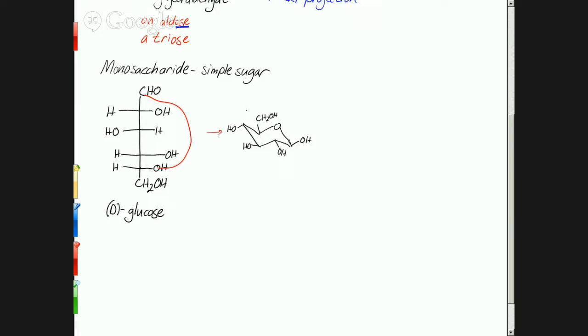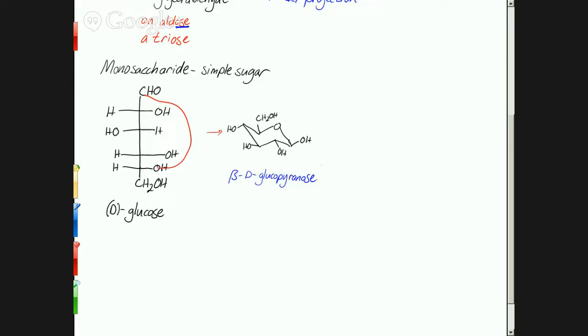Okay. This is called beta D glucopyranose. Beta D glucopyranose, that's kind of a fun name.